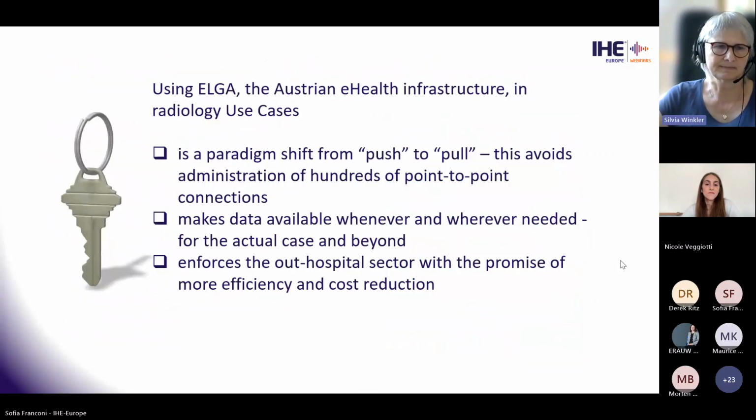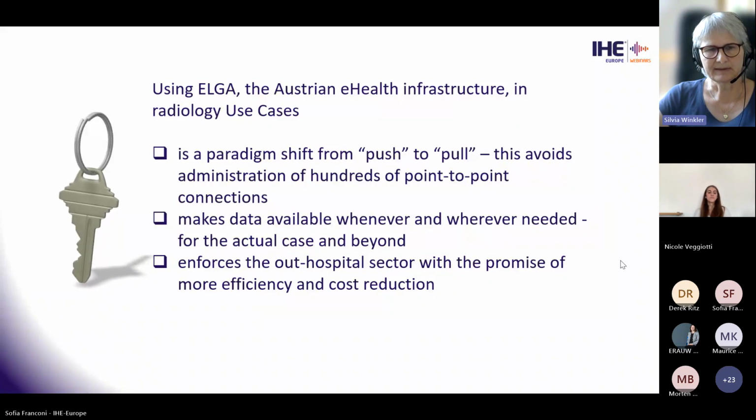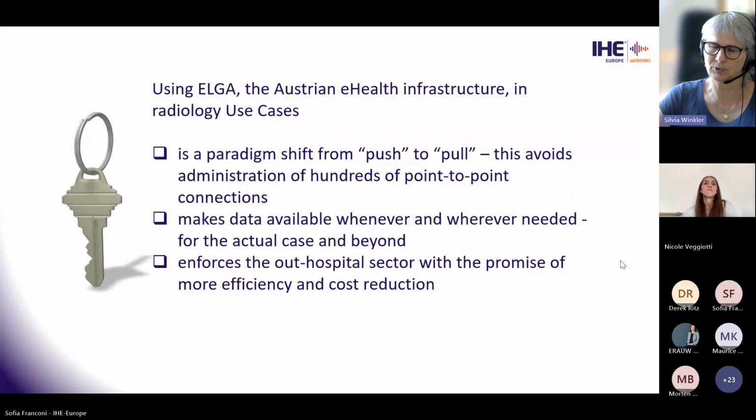Next slide, please. So the key points to take away from this business use case and its implementation in Austria is that using the ELGA infrastructure in radiology use cases is a paradigm shift from a push to a pull model, and this avoids the administration of hundreds of point-to-point connections between imaging organizations.